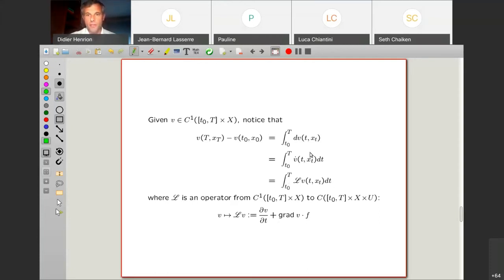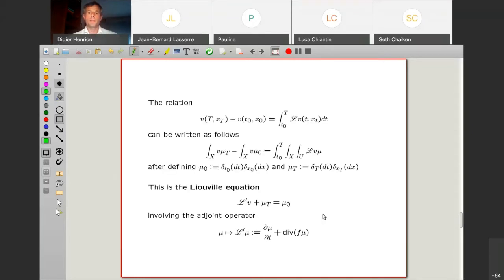So that this integral here can be written formally like that, where L is a linear operator from the space of continuously differentiable functions to the space of continuous functions. So my difference of observables at initial and terminal time is the integration with respect to time of this Lv function along trajectories.